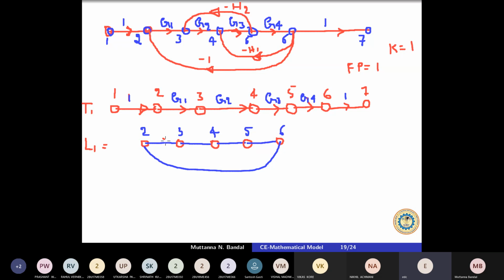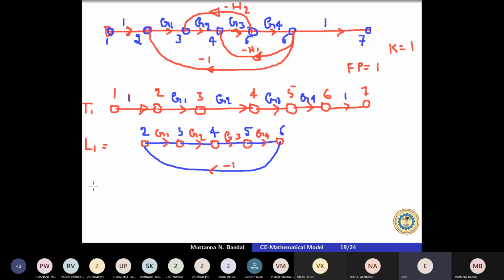Again the signal is going back to 2. So I can take this as a loop. So this will be a -1, and this is G1, G2, G3. Okay.